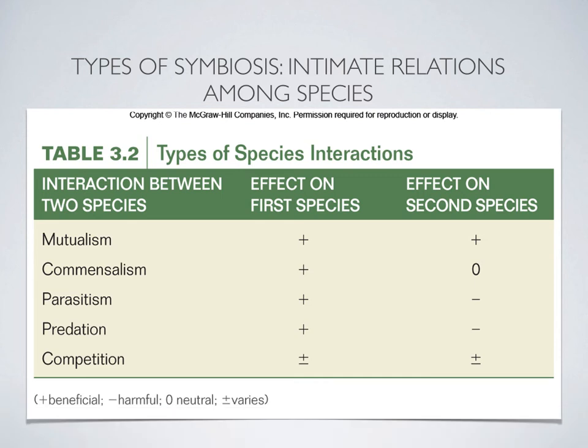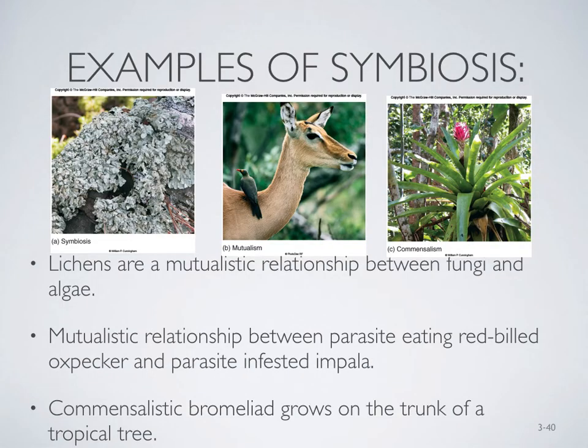This table presents the differences in the interactions between two different species. Remember that mutualism, commensalism, and parasitism are types of symbiotic relationships. Symbiosis refers to species living together.